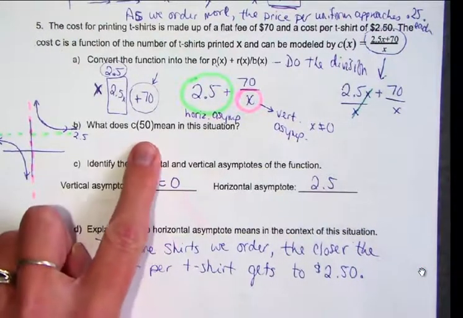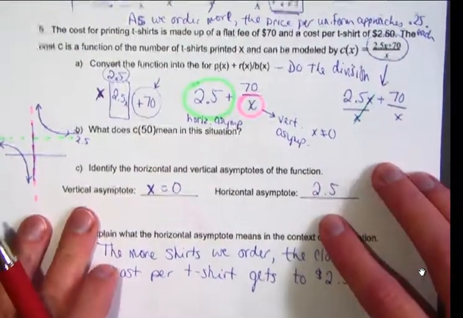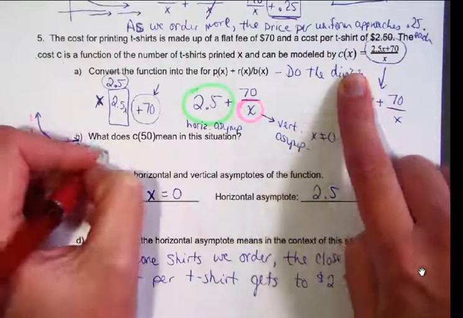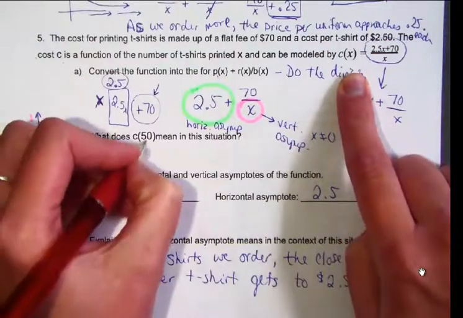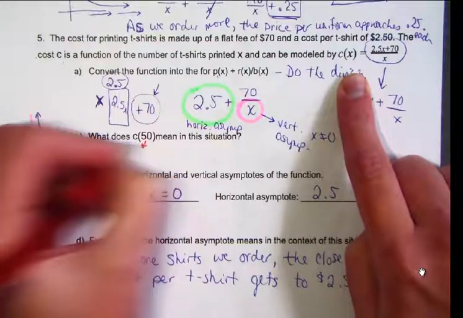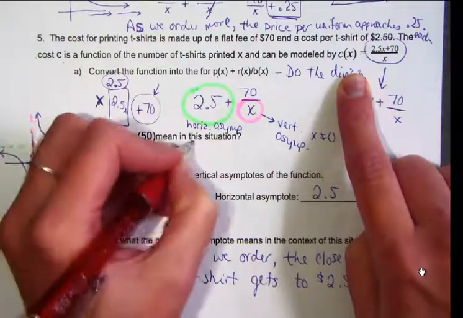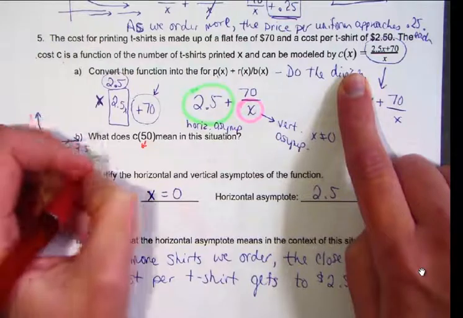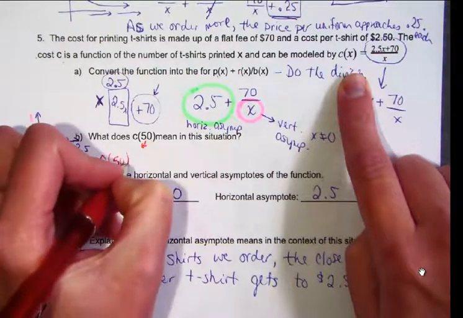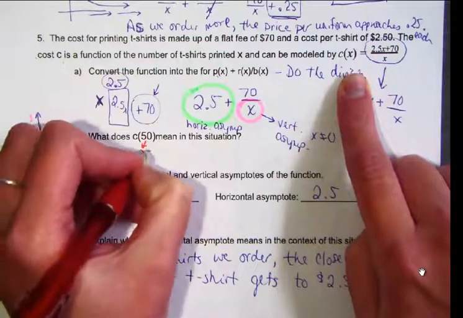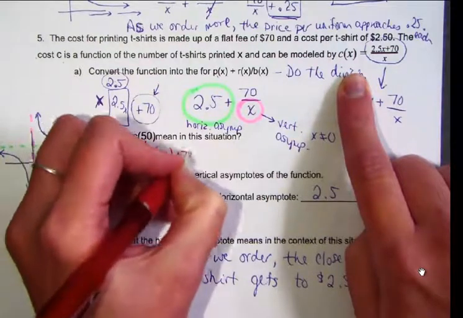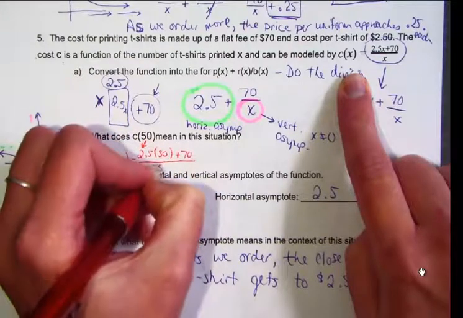Now I skipped this C of 50 until now. I don't know why I did, but I did. C of 50 tells me that this is my input of 50. Now when I'm thinking about what does it mean in this situation, I do want to calculate it first because it's nice to see what it is I'm calculating. So when I plug in 50 into the equation, 2.5 times 50 plus 70, all divided by 50.